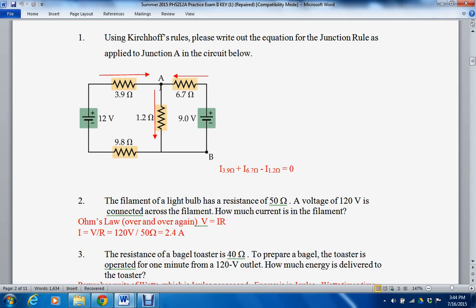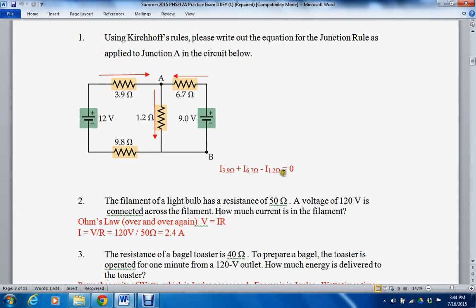If we guessed wrong, then when we solve the simultaneous equations, we come up with a negative number, and that would be fine. We can assume that the current going through the 6.7 ohm resistor is positive going into junction A, so plus I 6.7 ohm, and then all of the current leaves junction A and travels out through the 1.2 ohm resistor, so minus I 1.2 ohm.